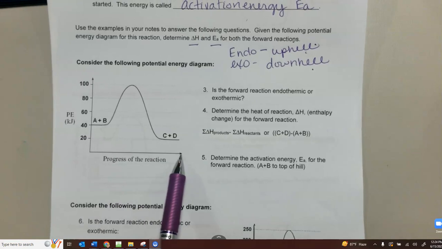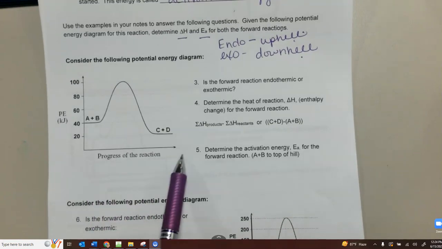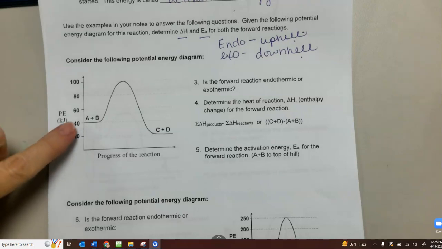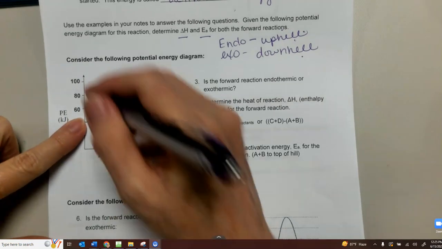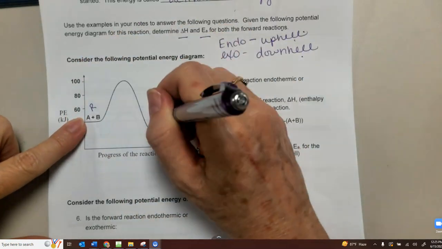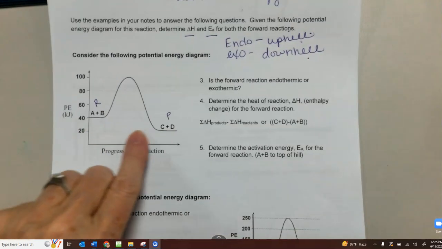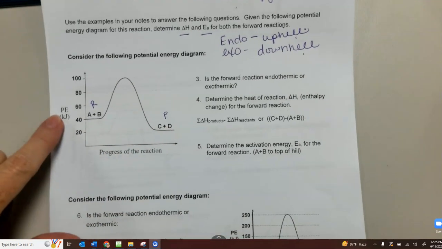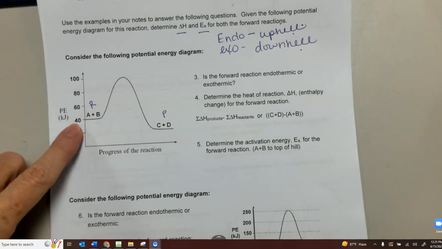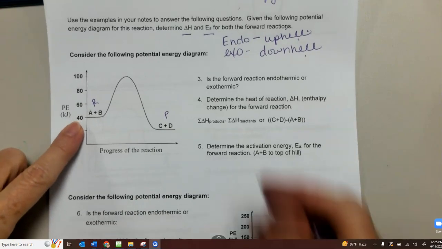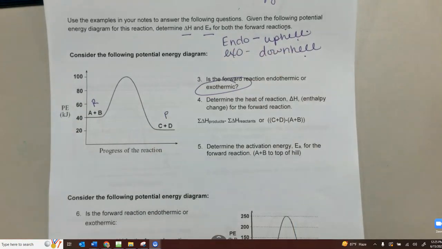So going forward, we're only doing forward reactions. Well, let's look at it. Does this graph go uphill or is it going downhill? Well, here are my reactants, A and B, and here are my products. Notice my products are at a lower potential energy value than my reactants. So it's going downhill, so we're saying this is an exothermic reaction.